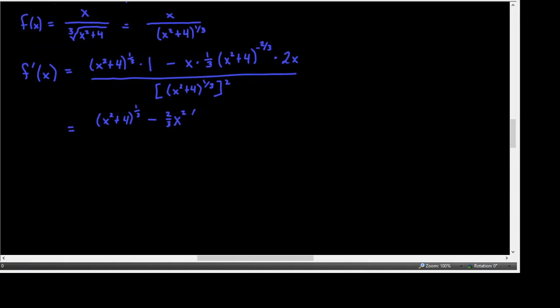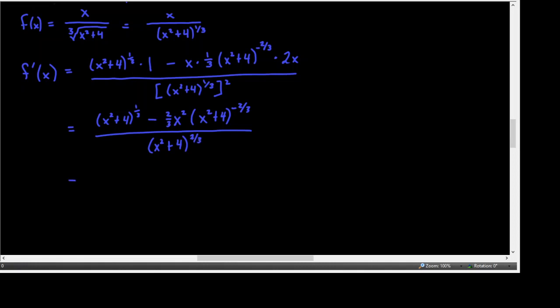Okay, that's all the monomial stuff, times x squared plus 4 to the negative 2/3. And then powers on powers means that you do what to those exponents? Right, you multiply them. 2 times 1/3 is 2/3.